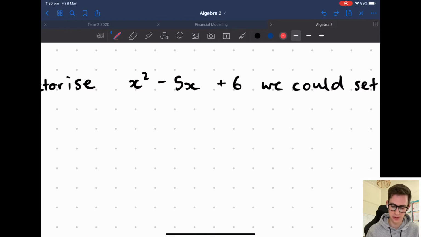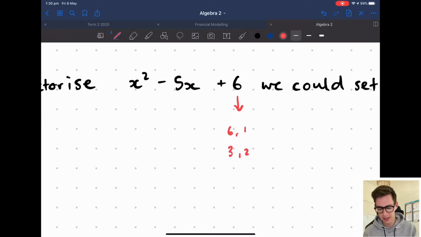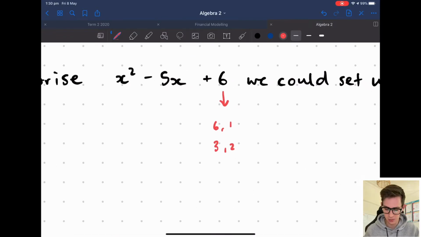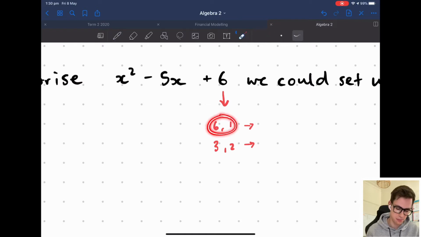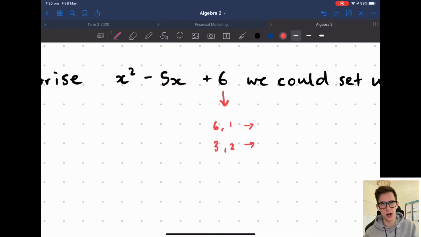So, what we've been doing is looking at this last term, 6, and asking what are the factors of 6. You could have 6 and 1, or you could have 3 and 2. And then we ask ourselves, is there some way that I can use these numbers to make -5, just by adding or subtracting?